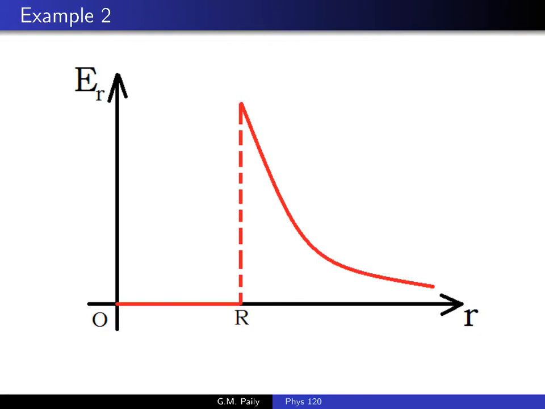If we were to combine our two results and plot the radial component of the electric field as a function of distance from the center, this is what we would get. The field is 0 as long as you are inside the shell, and then once you go outside, it jumps up and then starts decreasing as 1 over r squared.